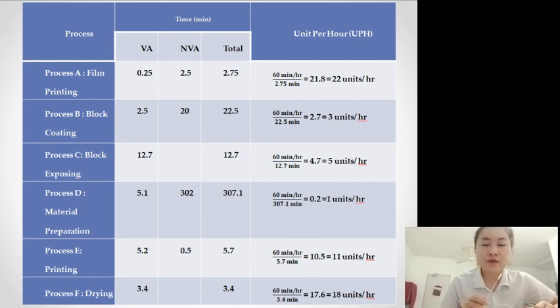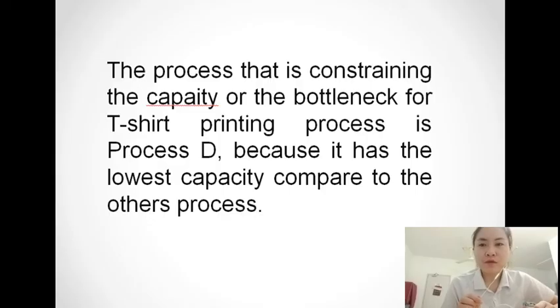After that, we divide 60 minutes per hour over the total time for each process, then get the answer in units per hour. After calculating the units per hour for each process, we found out that process D has the lowest capacity, which is 1 unit per hour. Therefore, process D is the bottleneck of this process.